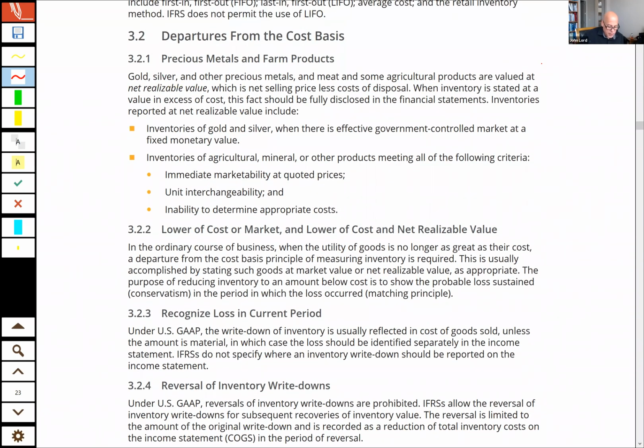Okay, because if we have those losses, they tell us that when you have to write down a loss under US GAAP, it's usually reflected in the cost of goods sold. So instead of crediting inventory and debiting loss, I would debit cost of goods sold instead of debiting loss.